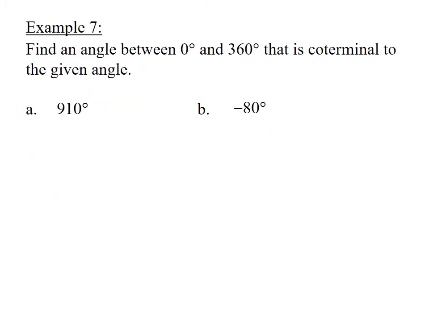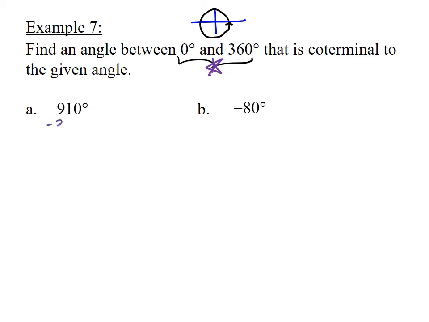You may run across some problems like this. It says find an angle between 0 and 360. Remember, that is 1 full revolution. So we want to find an angle between 0 and 360 degrees that is coterminal to 910. Since this is a positive value, we are just going to subtract 360 until we have a value between 0 and 360.